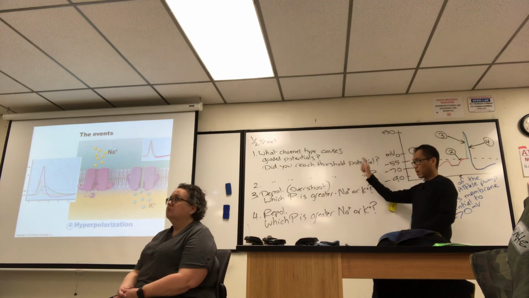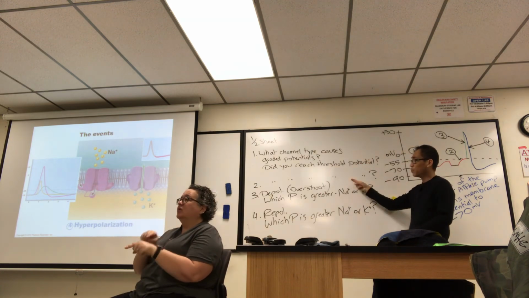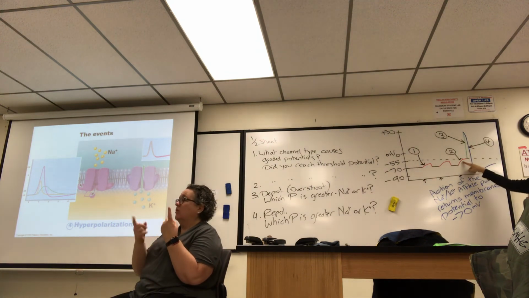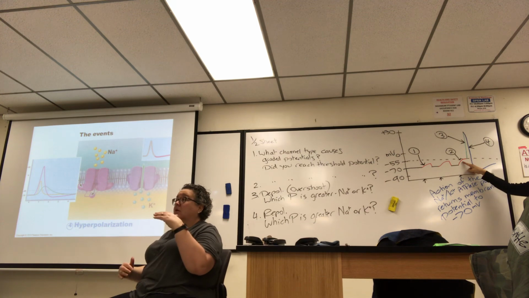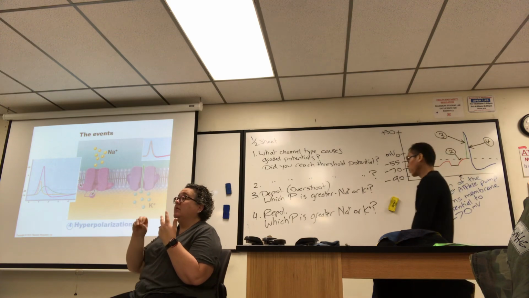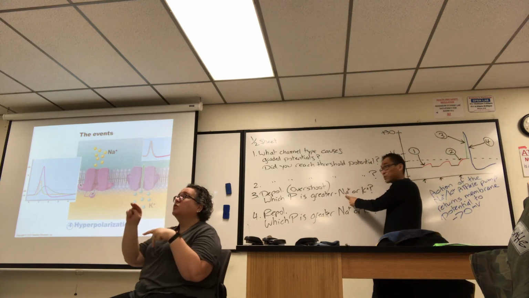For number 1, I'm not going to go over the right answer. I want to see if you can get it. Number 2, let's answer that one though. Did you reach threshold potential? Yes or no? Yes, you did. Number 3, for the dipole, which permeability is greater? Sodium. Yeah, sodium influx.